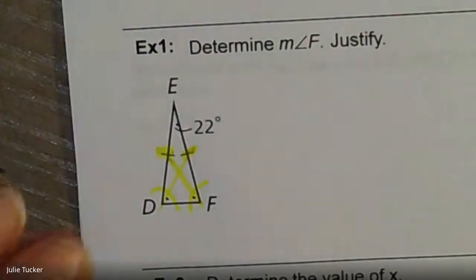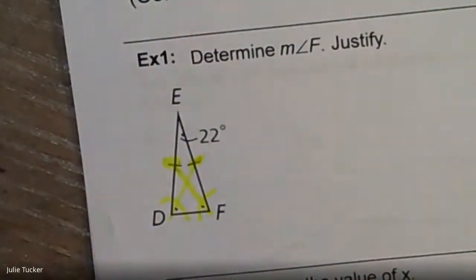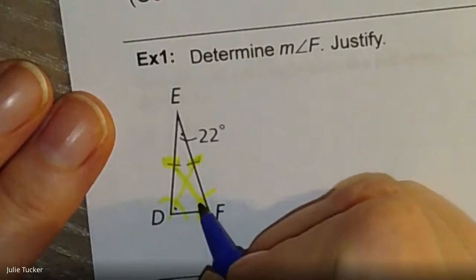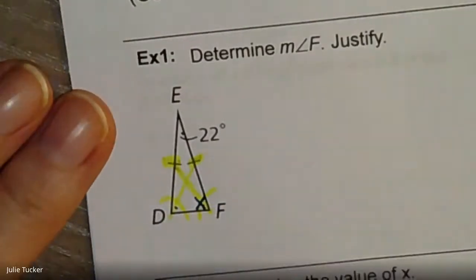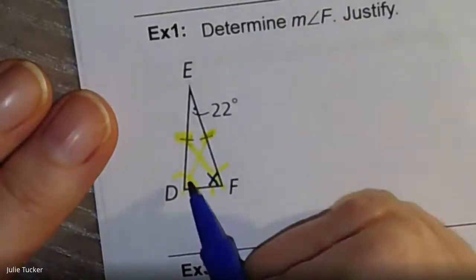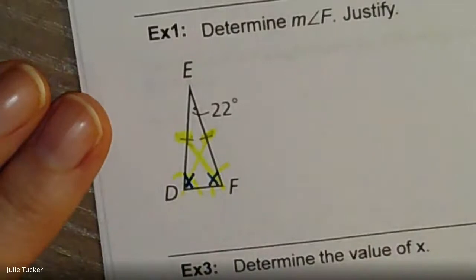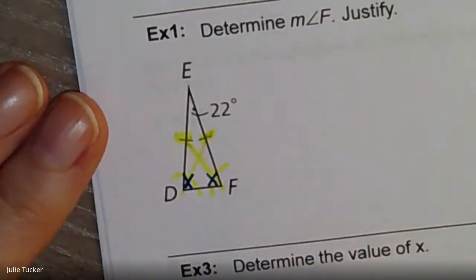We can do this just with numbers, or we can write an algebraic equation with variables. Which one do you like better, numbers or variables? Okay, if we're going to use a variable, then they want us to solve for the angle at F, so I'm going to make that an x. Which means that this one over here is also x, because remember, the base angles are congruent to each other.